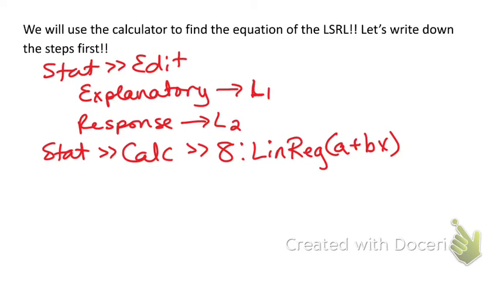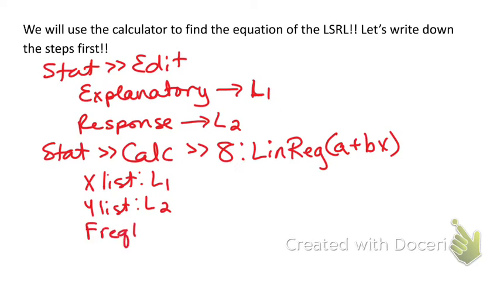All right, now your calculator is going to ask you for the X list, which is going to be L1, the Y list, which is going to be L2. Then it's going to ask this kind of strange question about frequency of your list. This would be if we had probabilities involved or something different like that. We're not ever going to change the frequency of our list when we're doing a scatter plot.